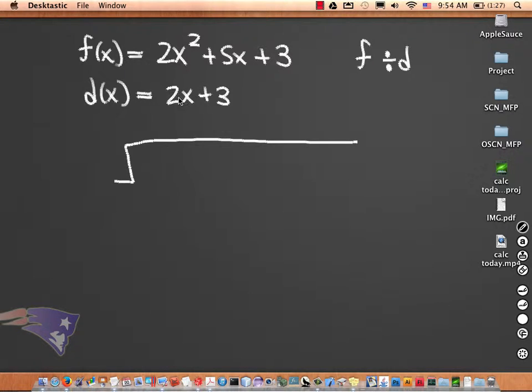Now, the problem here is this. For synthetic division to work, Caitlin, we have to have an x, not a 2x. So, in order to do this correctly, what we have to do is factor out a 2. x plus 3 halves.